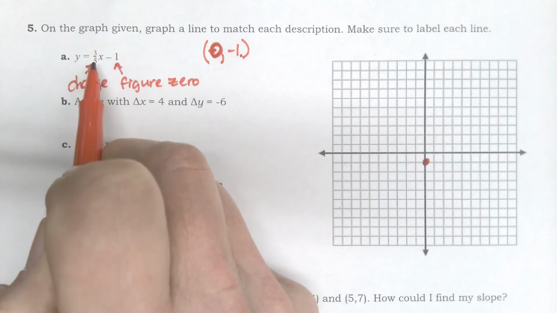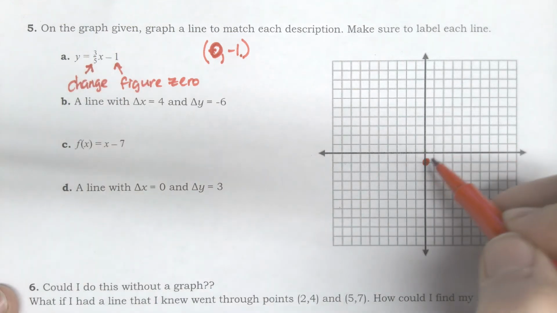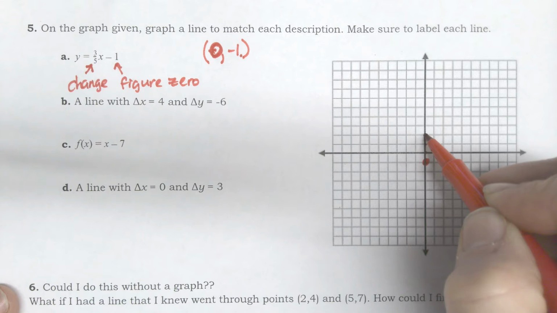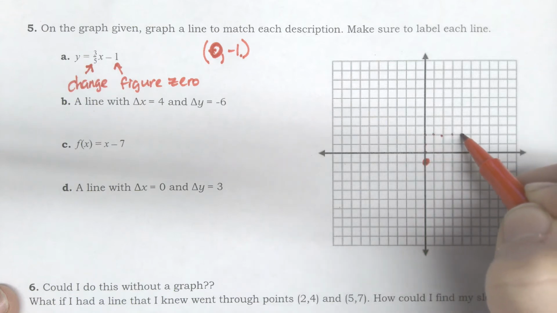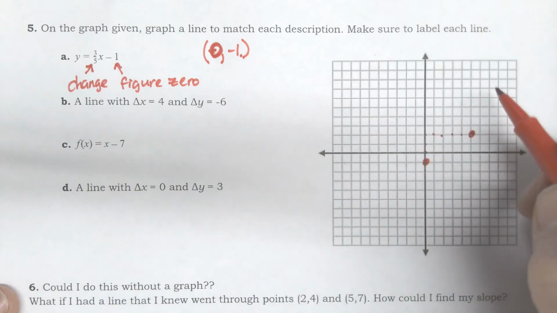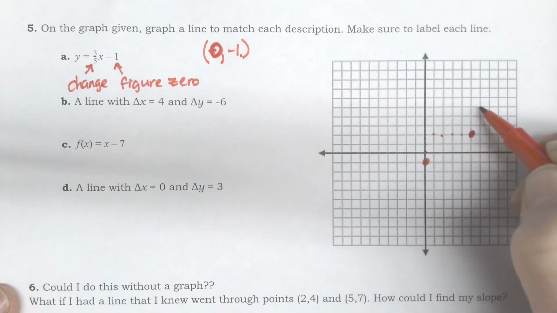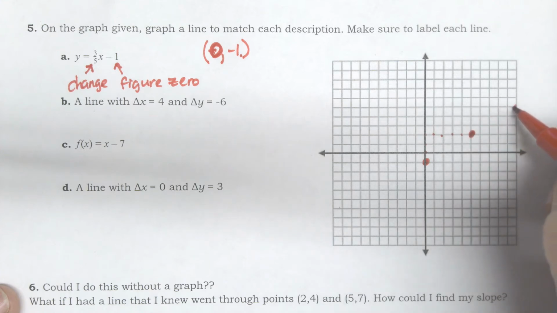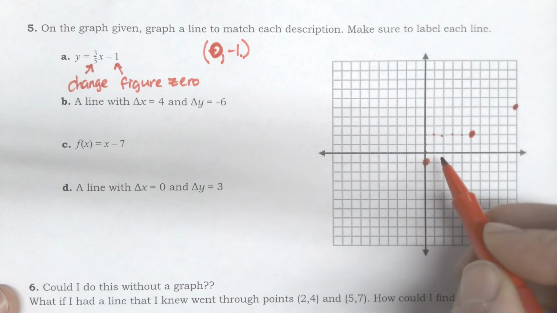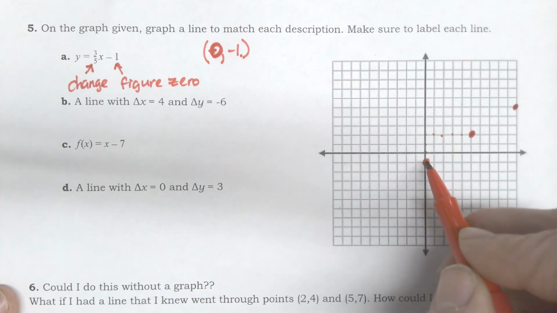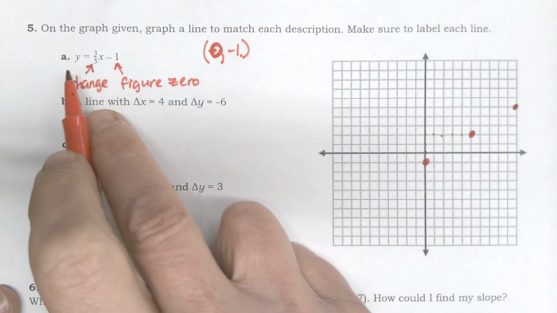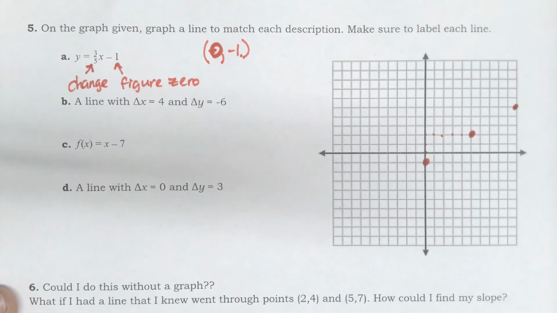And then this change gives me my slope, and my slope is my rise over my run, so I go up 1, 2, 3, right 1, 2, 3, 4, 5, make another point. I like to fill my graph. From that same start, I could also go down and left, because we saw that on the previous page.